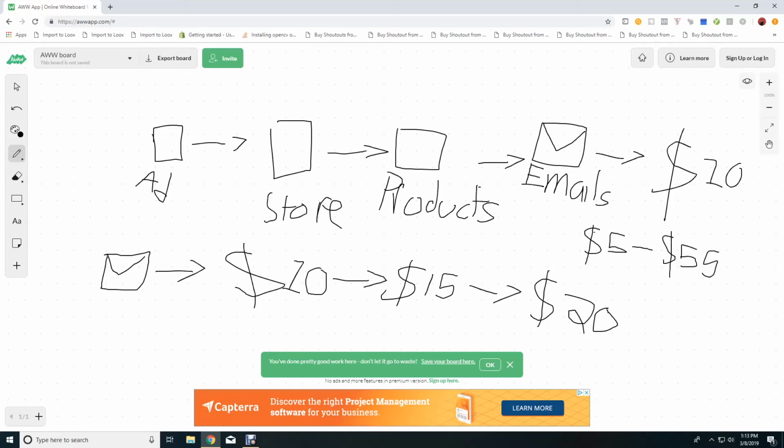So if we're able to perfect this system right here, and every single time we're getting traffic to our store, we're collecting emails and making sales, not only collecting the emails of people who bought, but also the people who didn't buy, and then we leverage email marketing right here, then what we're able to do is turn $5 into $50 profit long term over a 6-month period or less, and really make a significant ROI.